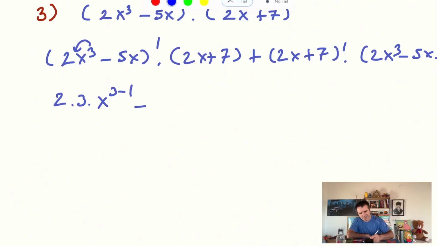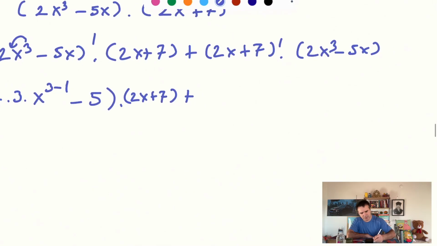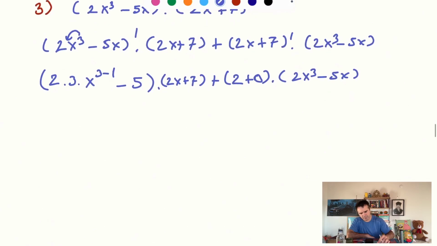The constant will not affect the derivative, so x vanishes here. We will have 5 here times 2x plus 7, plus the derivative of 2x, which is 2, and the derivative of 7, since 7 is a constant, is 0, times 2x cubed minus 5x.